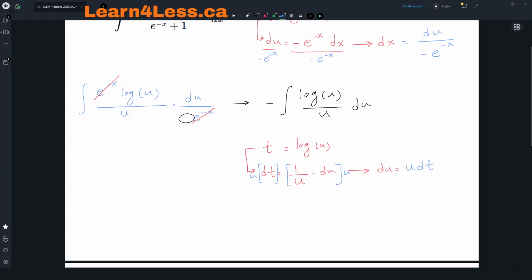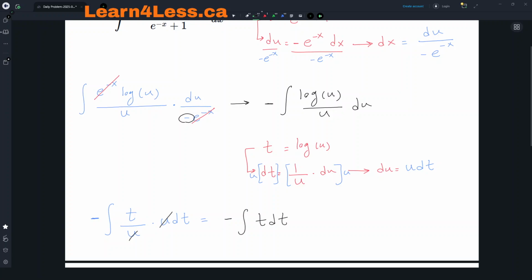Now I can rewrite this integral in terms of t. I have a negative sign at the front. Integral of log u, which I'm replacing with t, over u times du. And instead of du, I have u dt, so I can cancel these two and write that as negative integral of t dt.